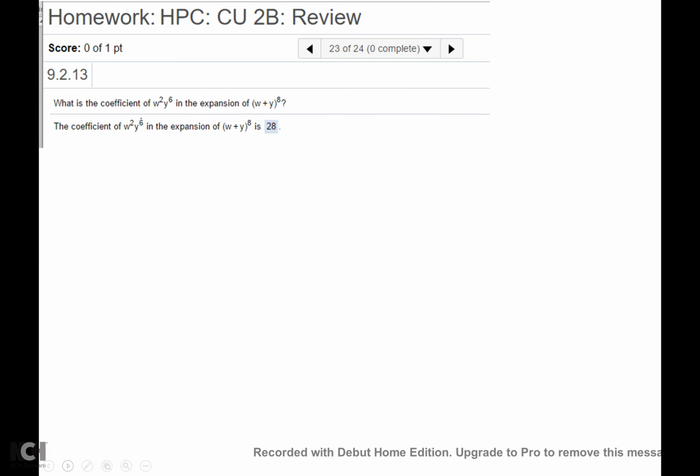What is the coefficient of w squared y to the 6th in the expansion of w plus y to the 8th? Okay, that formula, if you don't remember, is going to be n choose r times a to the n minus r, b to the r. Now, to figure out what r is, when they give you the exponent, in other words, they're not saying find the nth term.